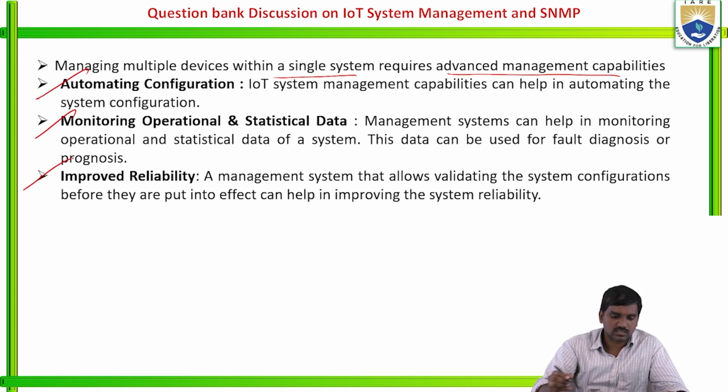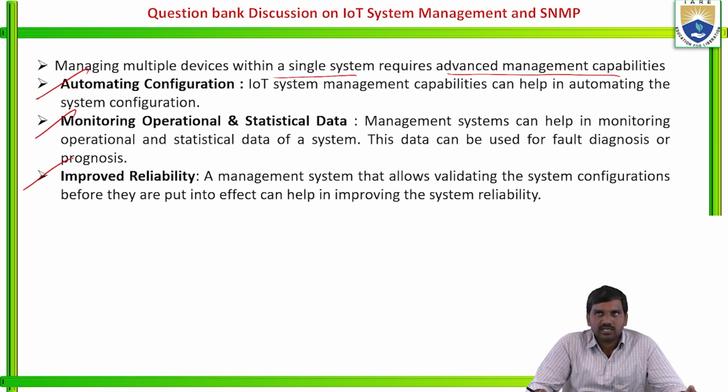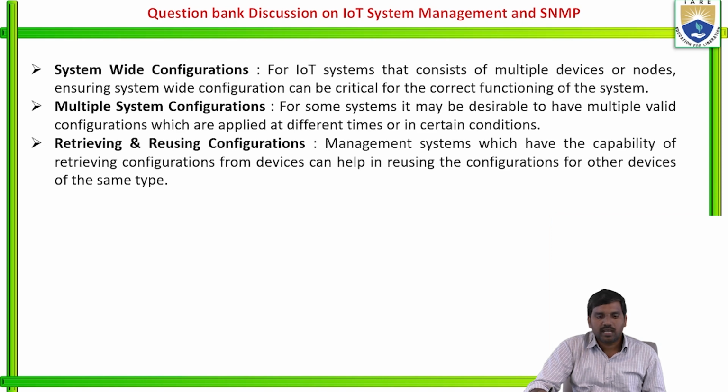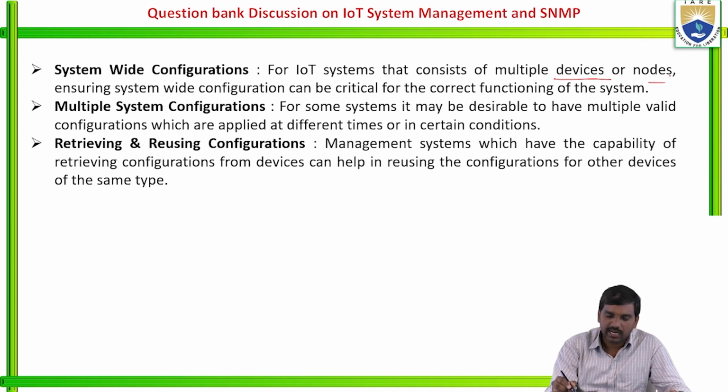Elaborating on these: automatic configuration, monitoring operational and statistical data, improved reliability of the system, and system-wide configuration. A system consists of multiple devices and nodes, and ensuring system-wide configuration can be critical for the correct functioning of the system.